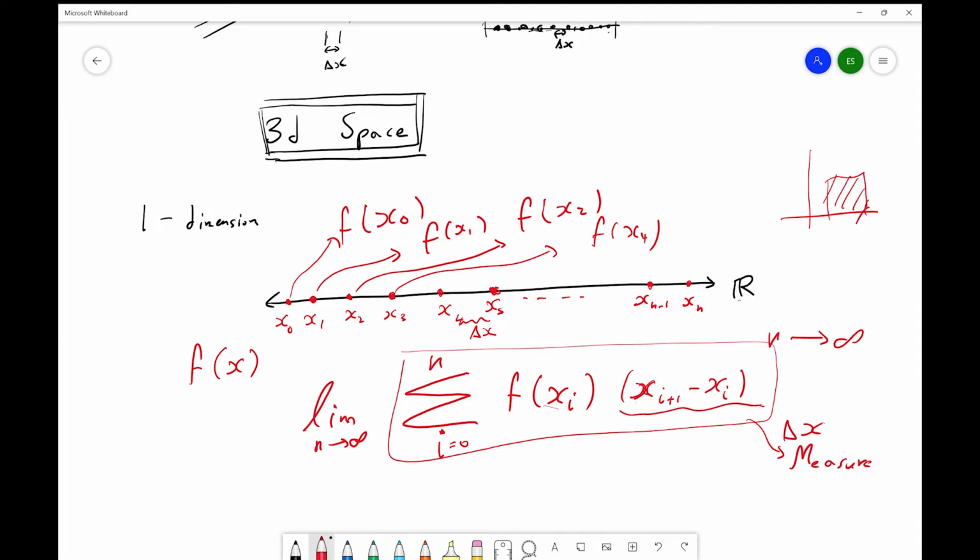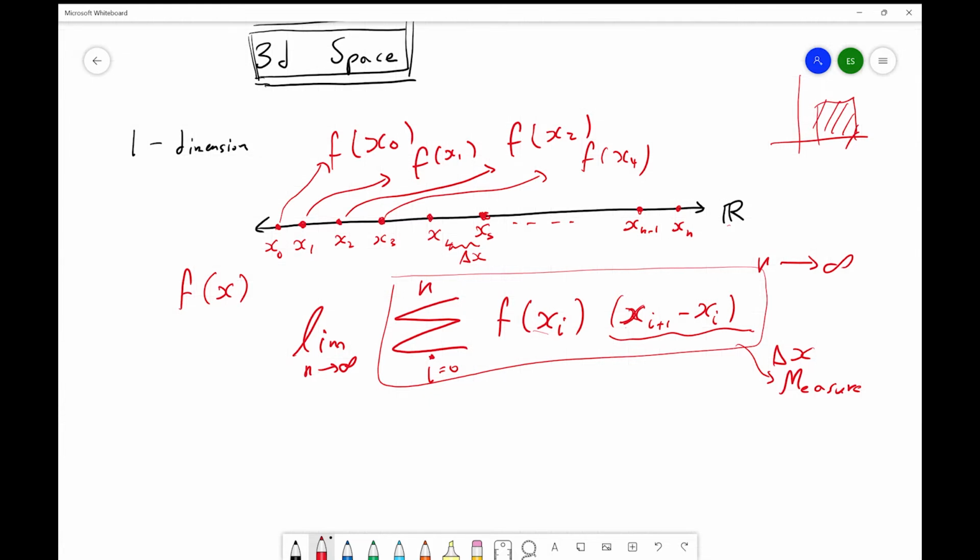So this is what analysis is all about. You have some process that is repeatable, that is infinite. You can keep making it finer and finer, but then it reaches a certain definite answer.